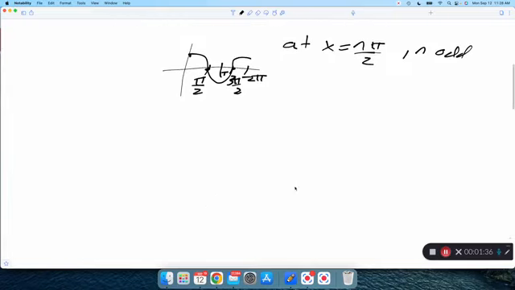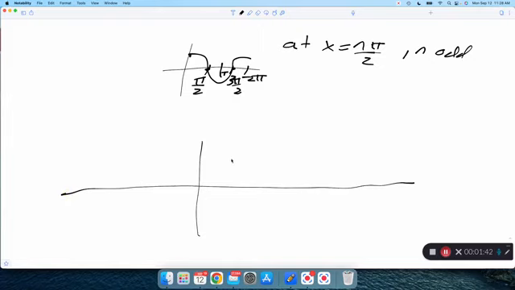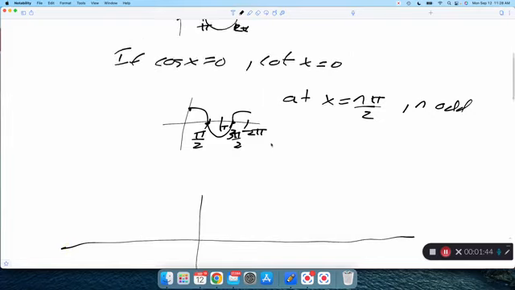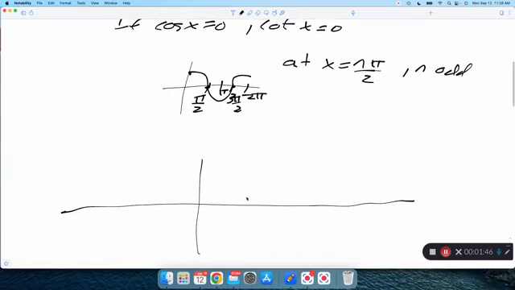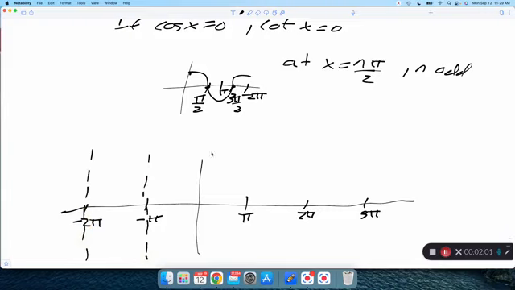Okay, so the basic graph of cotangent looks a lot like tangent, only now all of my asymptotes are at the pi's, including 0, that's 0 pi.